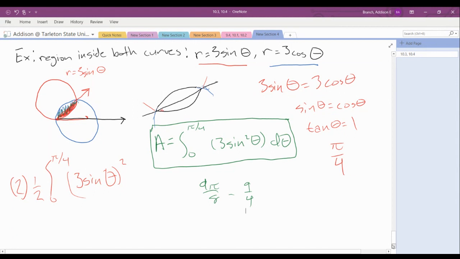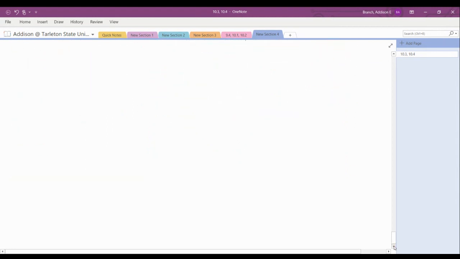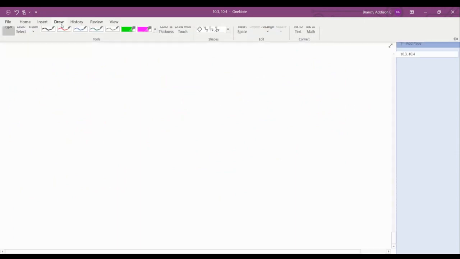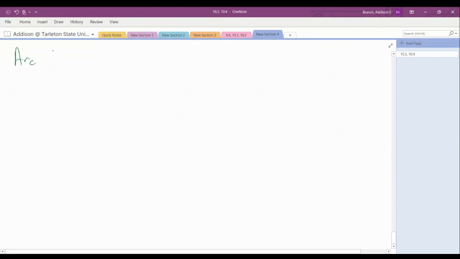All right, so now let's quickly cover arc length of polar. The formula you need to know for this one is that our length is equal to the integral from a to b, or theta 1 to theta 2, of the square root of r squared plus dr d theta squared, d theta.